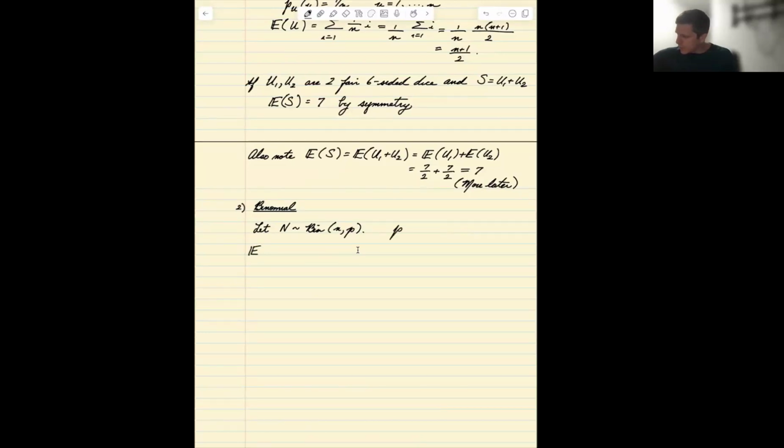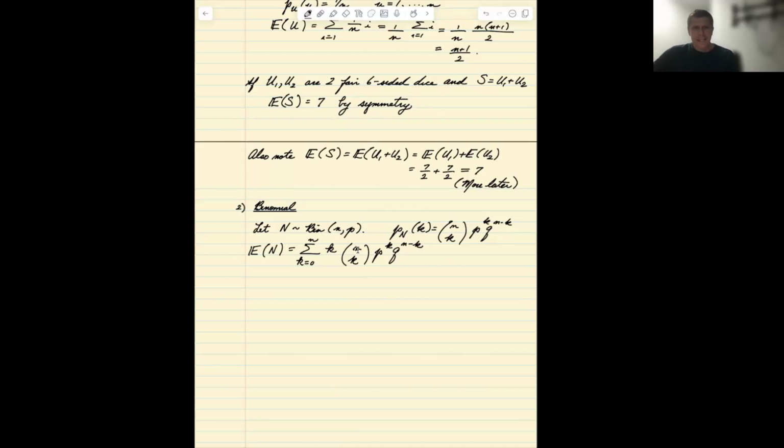We know that the mass function of N at k is n choose k, p to the k, q to the n minus k. So the expectation of N is the sum from k equals 0 to n of k times n choose k, p to the k, q to the n minus k.